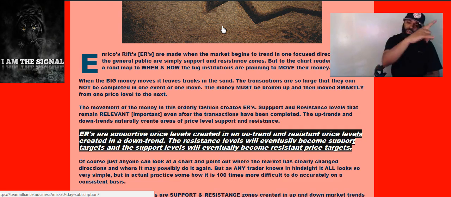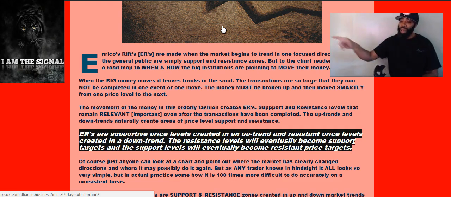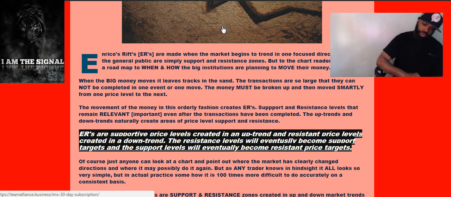Just as in a downtrend, when the market is going down, those resistance levels that are being created, when we extend them out through time, become our support levels in the upcoming uptrend. They become targets. All right?